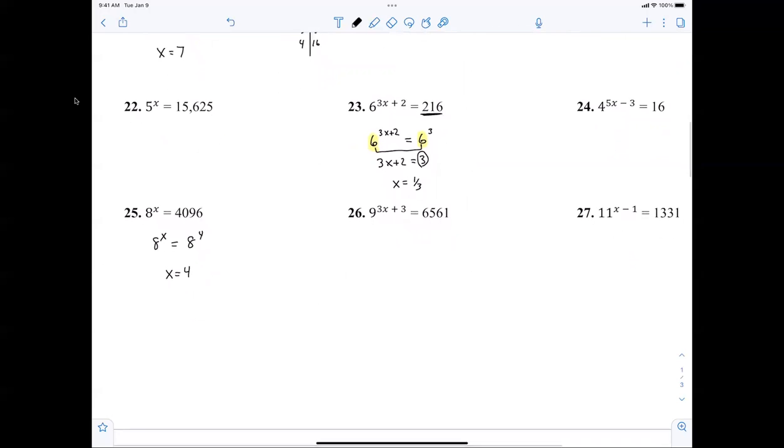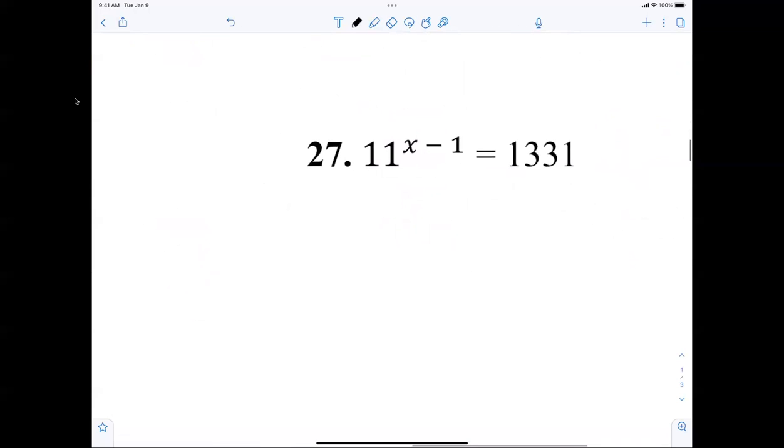All right. I want everybody to look at 27. 11 to what power is 1331? Avery, what? 3. So everybody's writing 11 to the x minus 1 equals 11 cubed. And so now look, don't even write x minus 1 equals 3. That's embarrassing.